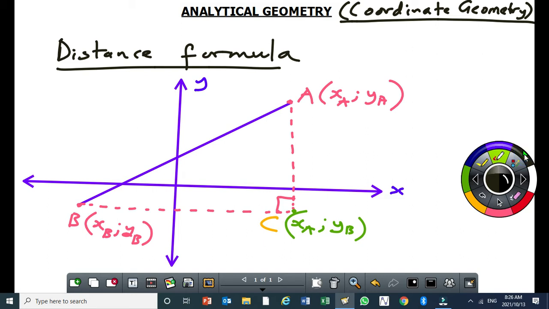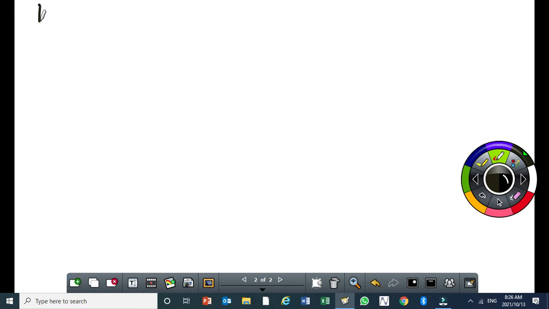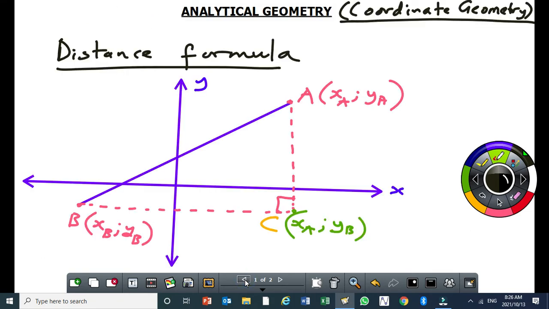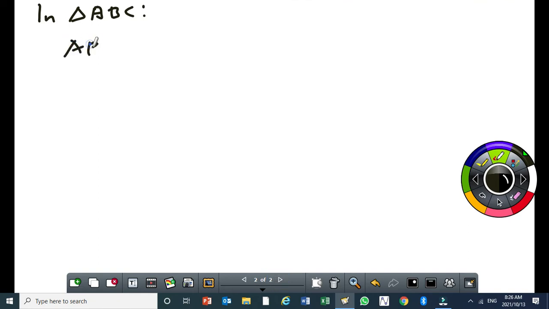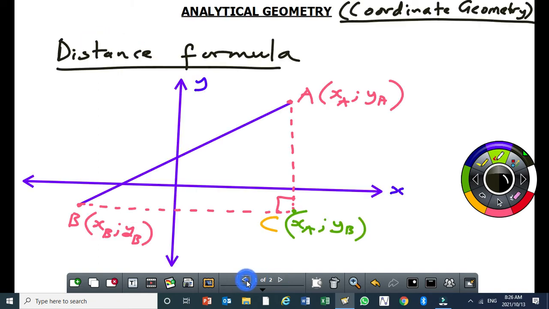So, let me move on to the next page because I don't get space. So if I use the theorem of Pythagoras, so I'll say in triangle ABC, if we use the theorem of Pythagoras, I'm going to have AB squared is going to be equal to, well, in this case, if I want to start with XA, with XA minus XB, so I'll say CB squared, okay?